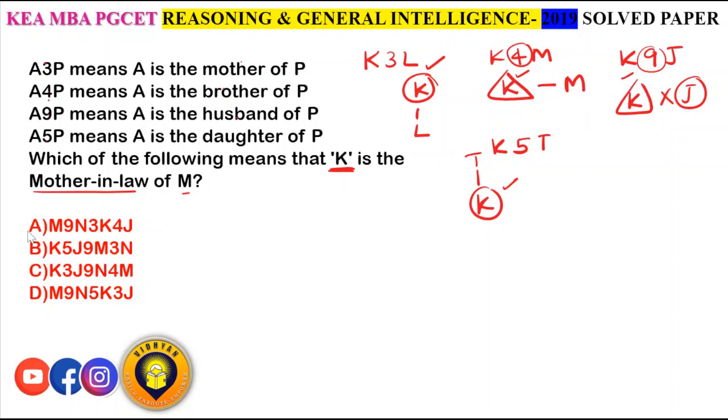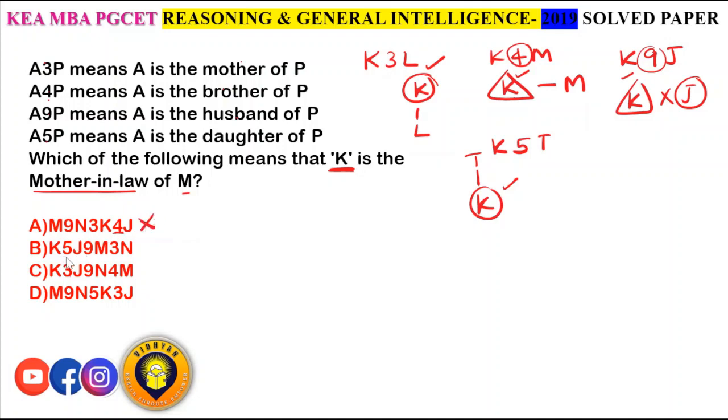So here if you see option A, K4J means K will become the husband of M, where K's gender will become male. So this option is not required to check for you. You don't need to check it because this option is definitely false.